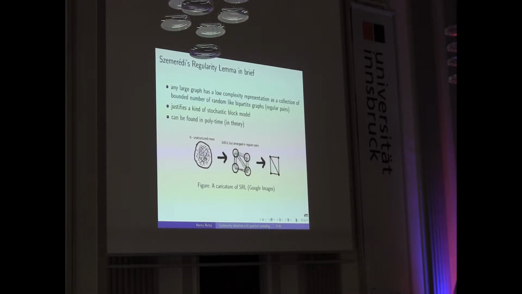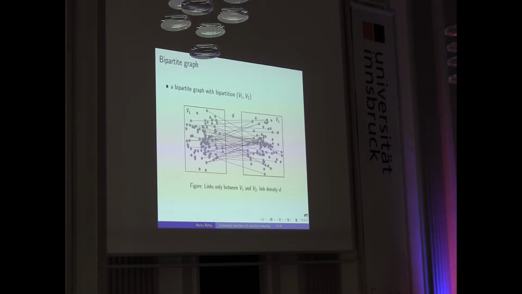The links are almost as they were drawn at random, so there is no structure in this. So this regular pair is important for us. If you are looking at the links between these pairs, it's like a bipartite graph where you have links only between two disjoint sets.